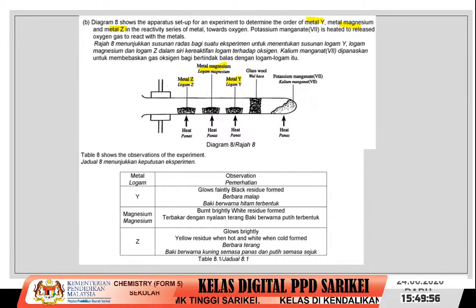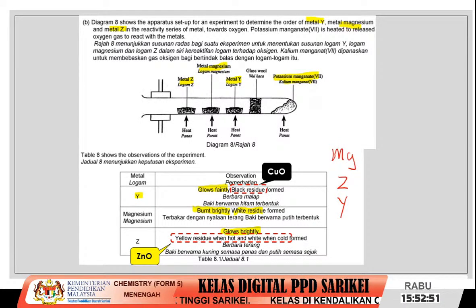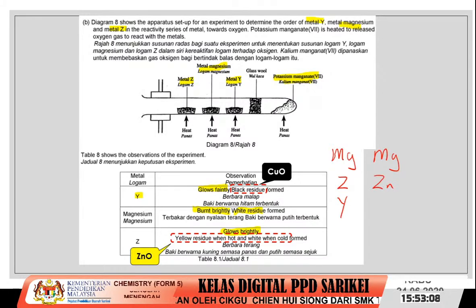And potassium manganate(VII) is heated to release oxygen. The residue is zinc oxide. So we can replace metal Z and Y with their names. Magnesium is the most reactive metal among these three, followed by Z. Z is zinc, and Y is copper.